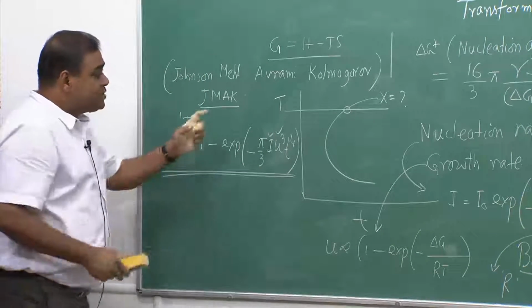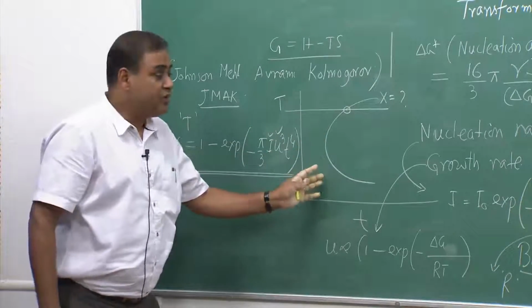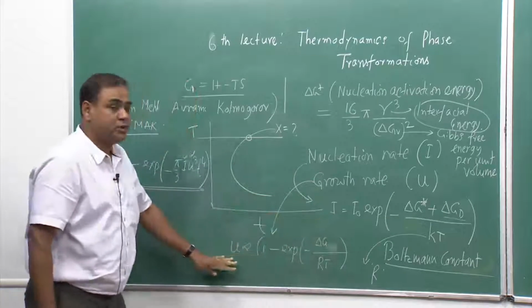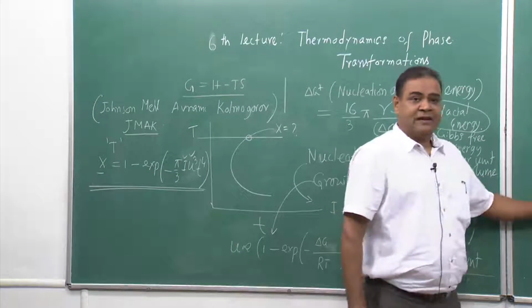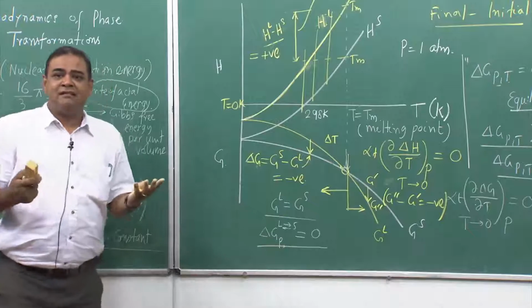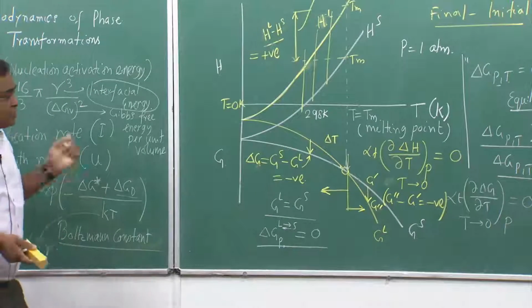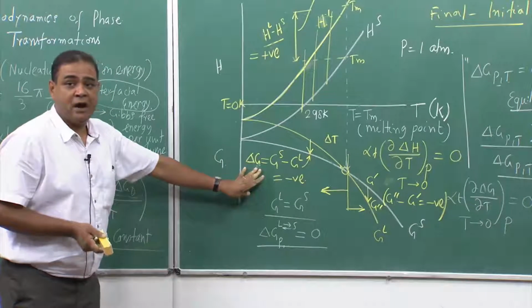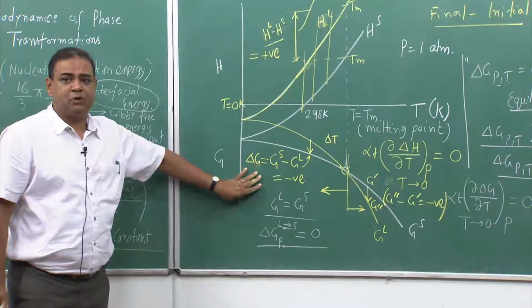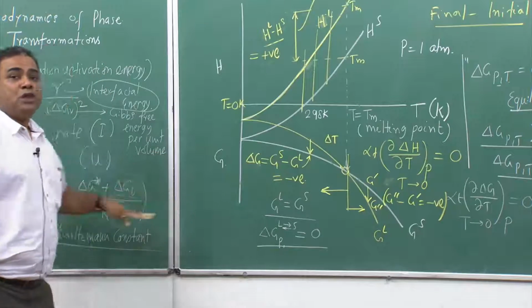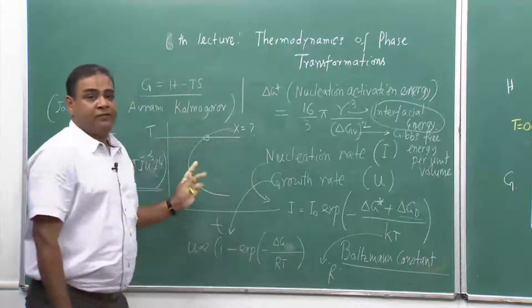That means, in order to find this, we need to know I, we need to know u, and in order to know I and u, we need to know del G. So, that is the reason why we should try to see first how we quantify del G. This is extremely important, because otherwise we will not be able to calculate this graph.